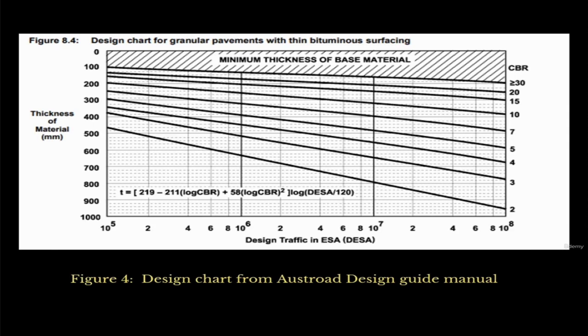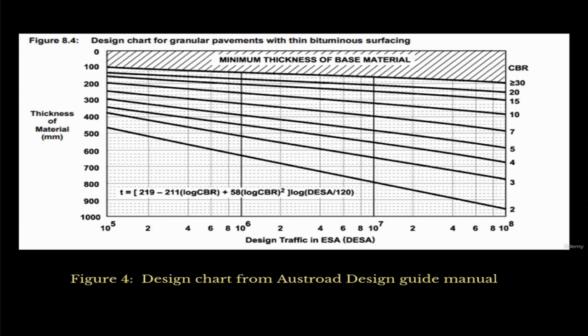Now you know your entire road thickness. Then you can say maybe my sub base is going to be 200, and my base is going to be 150, making 350, and then my actual surface course is going to be 200.